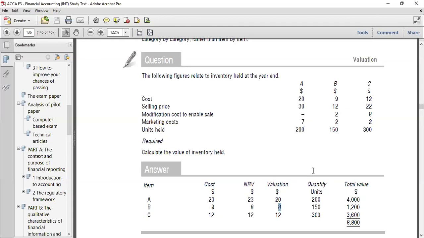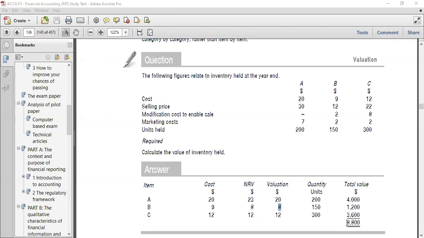So the examiner sometimes wants to trick you, may bring you a question and say inventory is valued at this value, and they want to test your understanding of this principle, okay? So just in case the examiner wants to test you in that direction, you should really have a good understanding of how to manage that, okay?